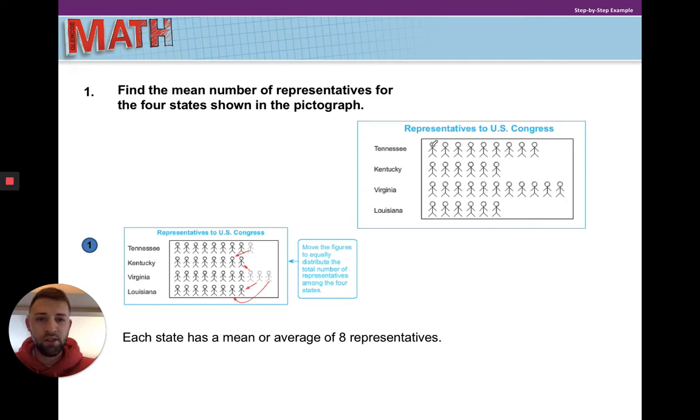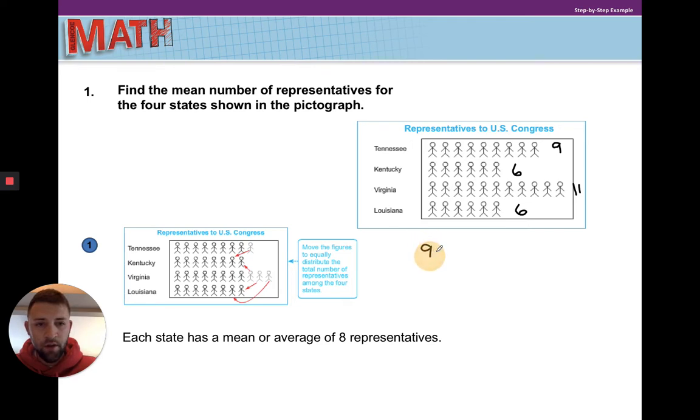Tennessee has 1, 2, 3, 4, 5, 6, 7, 8, 9. So Tennessee has 9. Kentucky has 1, 2, 3, 4, 5, 6. Virginia has 1, 2, 3, 4, 5, 6, 7, 8, 9, 10, 11. And Louisiana has 6.